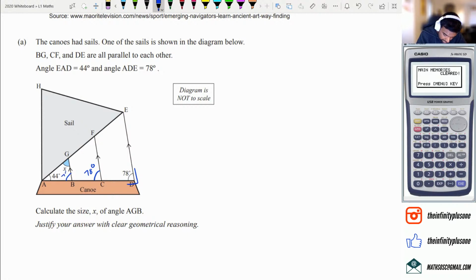Which also means this right here is going to be 78 degrees because they're corresponding angles in parallel lines. So the first thing I'm going to mention is that angle ABG equals 78 degrees, and the reason I'm going to write is corresponding angles are equal.